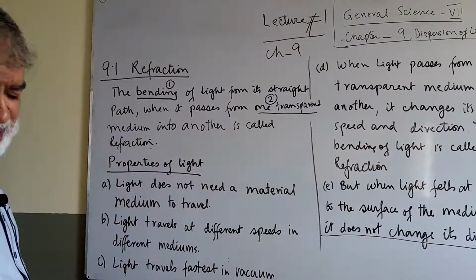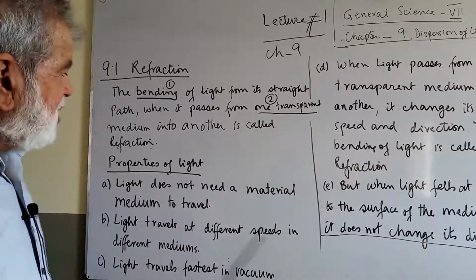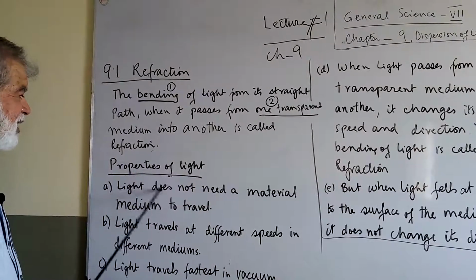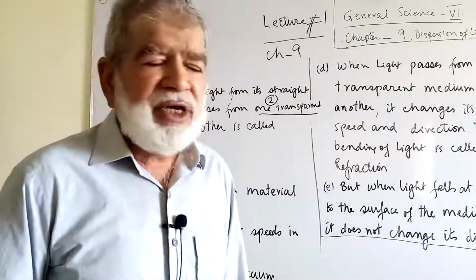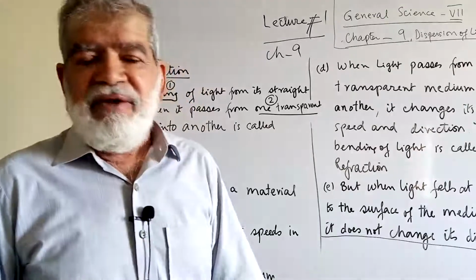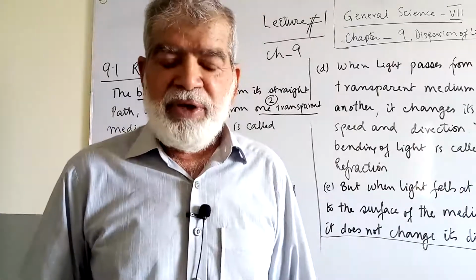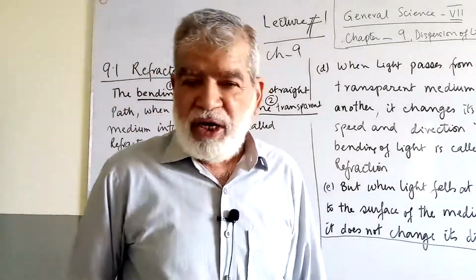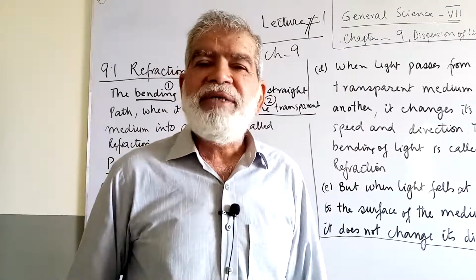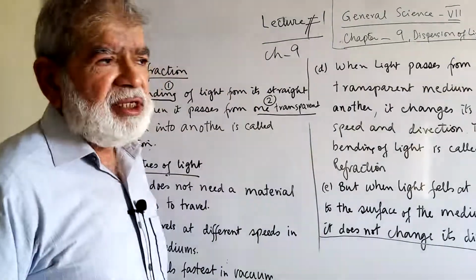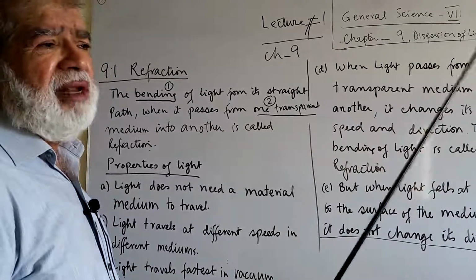Now what are the properties of light? I just wanted to go over this thing कि लाइट की खसूसियात क्या है. पहली, light does not need a material medium to travel. पहली बात यह है कि रोशनी को गुजरने के लिए, ट्रैवल करने के लिए, एक जगह से दूसरी जगह जाने के लिए किसी वसीले की ज़रूरत नहीं है, क्योंकि सूरज से शुआएं और सितारों से और गैलेक्सीज से जो आपके पास आती है वो सारी की सारी शुआएं, it passes through vacuum. So there is no medium. It does not require a medium. वो इस चीज़ के ऊपर डिपेंड नहीं करती कि मुझे गुजरने के लिए मीडियम चाहिए.